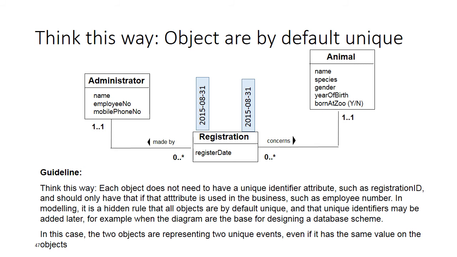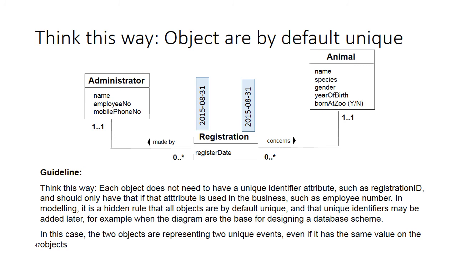Later on, if you want to add a unique attribute, such as a registration ID, you could do that, for example, when you transform this conceptual model to a database schema. But if registration ID is not used in the business, you should not model it. Look now at the administrator class.